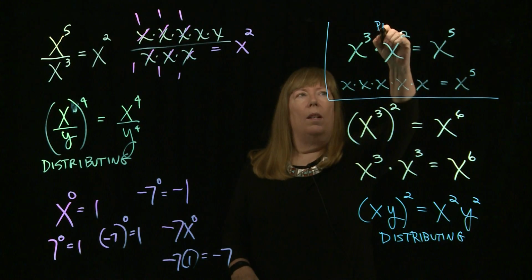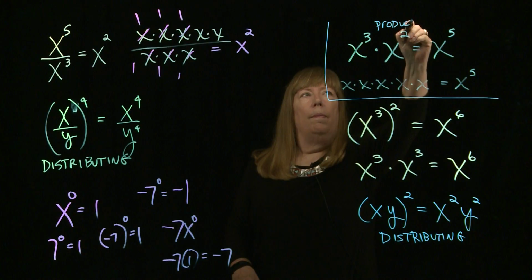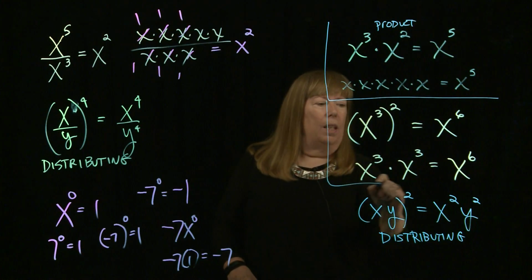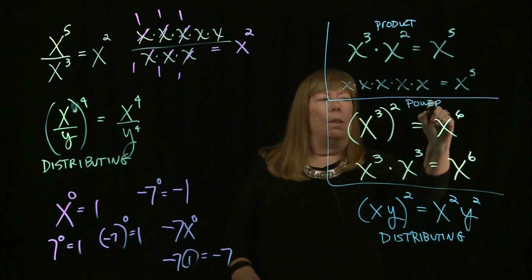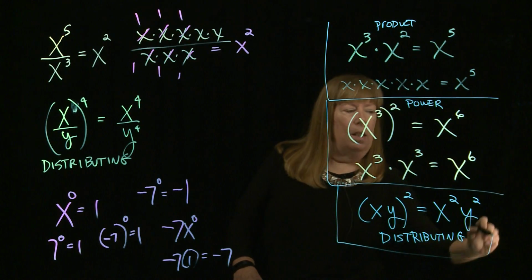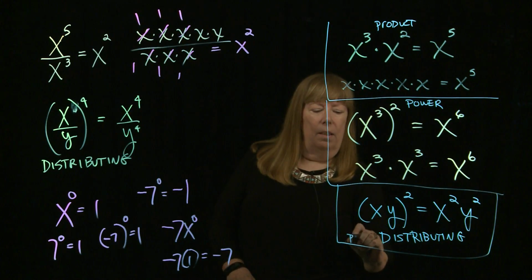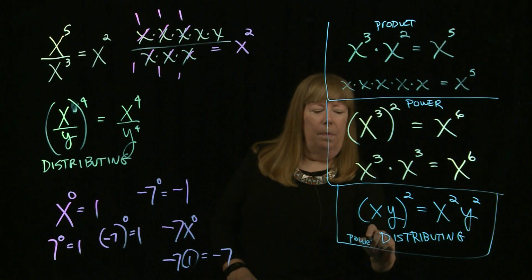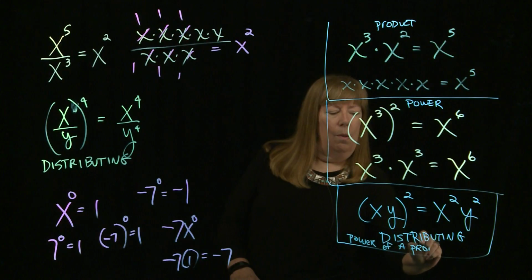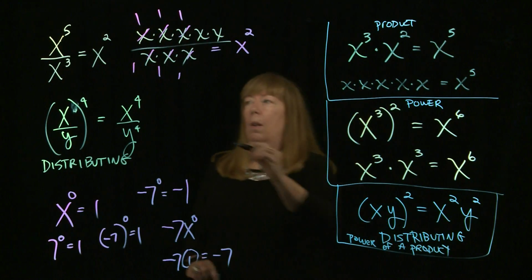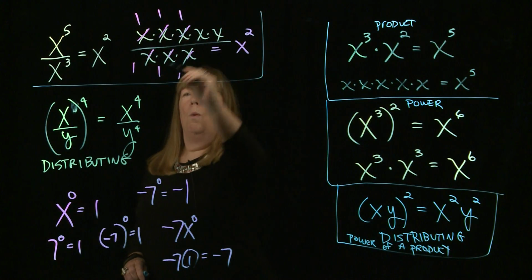This is called the product rule. This one is the power rule. Power of a product. This one is the quotient rule.